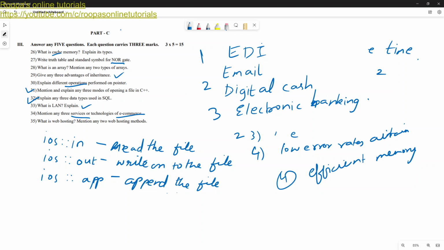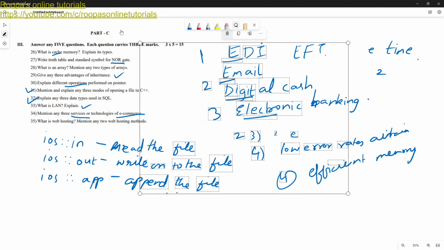So when the word e-commerce comes, please remember all the words starting with E: EDI, electronic data interchange, electronic fund transfer, email, digital cash, electronic banking, etc. Okay, so this is about the lesson.